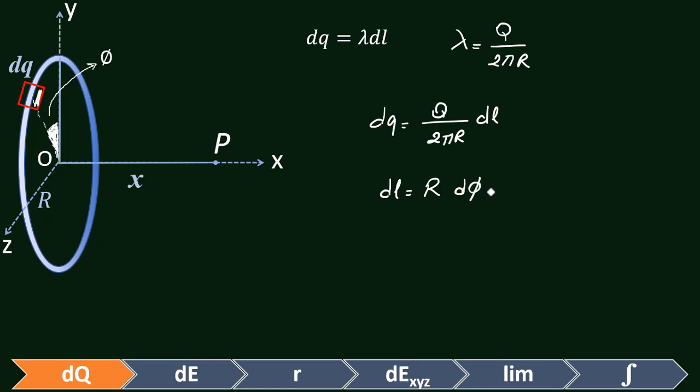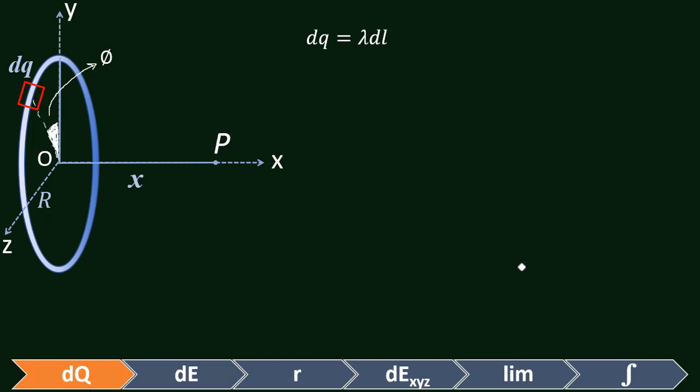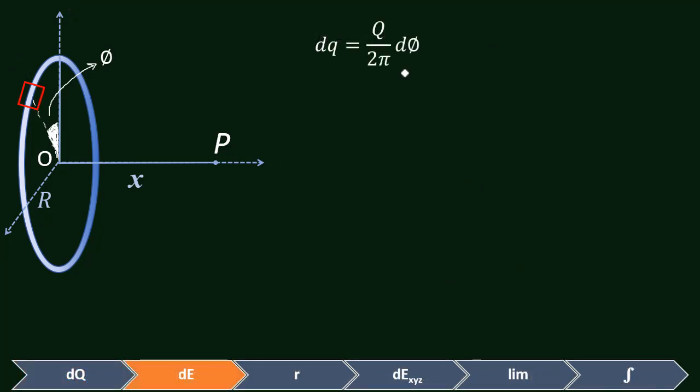We're going to call it d phi since we define this angle phi. So rewriting dq, we have defined it, and our first step is done. Q over 2 pi r d phi. And as you can see, r's will cancel off. We're going to be left with Q over 2 pi d phi. Let's write it up here. All right, we have dq defined.